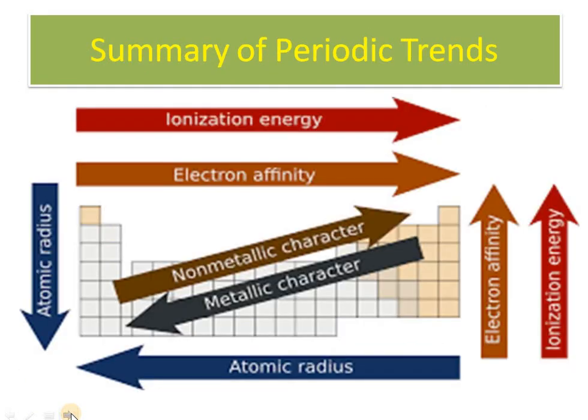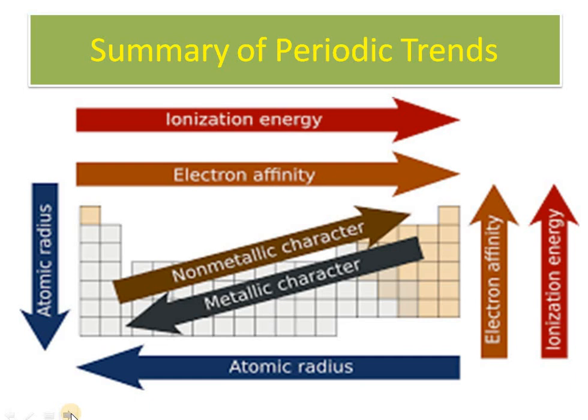Before that, let us recap what we have done in the previous videos. Atomic radius decreases along the period and increases down the group. Ionization energy is opposite to atomic size. In a period, ionization energy, electron affinity and electronegativity increase.